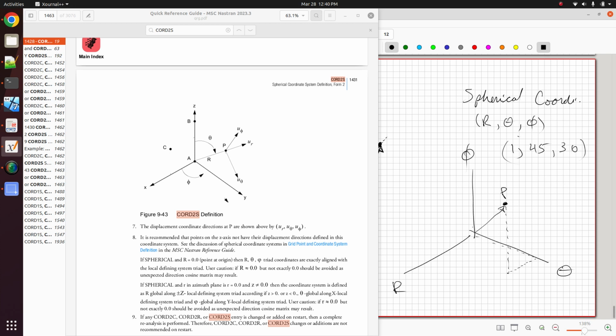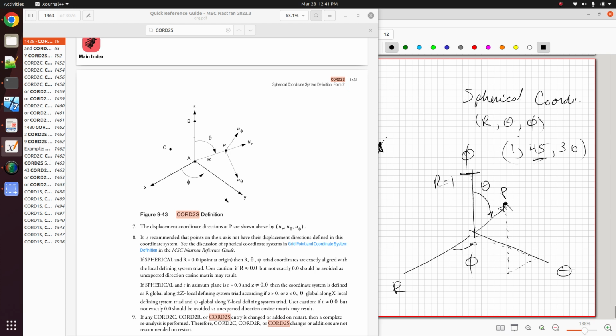So let's look at this. First, you walk some distance along the r axis. So here, since r equals 1, you walk a distance r equals 1. And then you rotate by some theta. So here, theta is 45 degrees. And then you rotate by phi degrees.